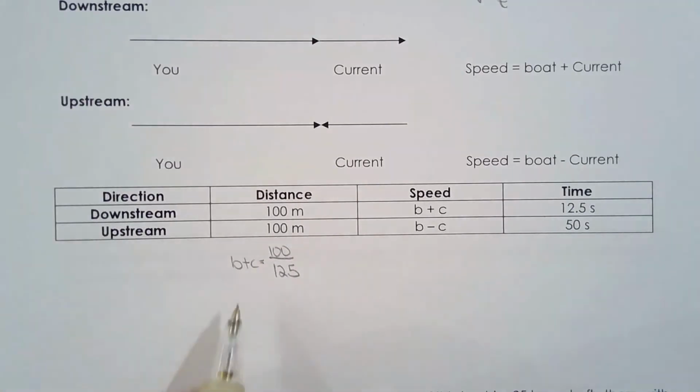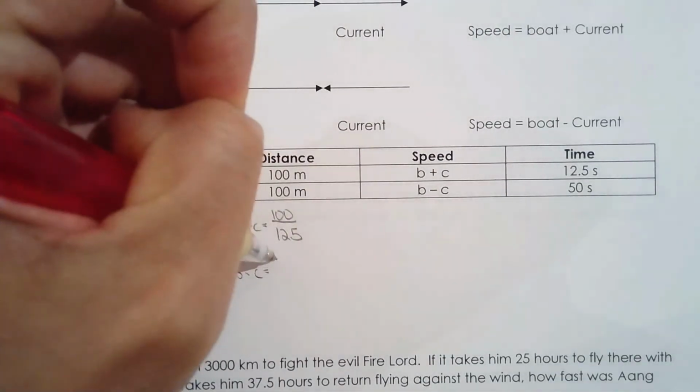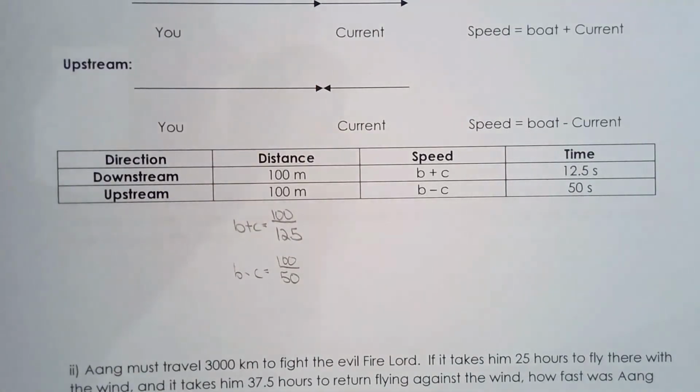The speed of the boat in still water or no current plus the speed of the current is 100 over 12.5, and then the other speed would be the same distance, but whoa, it takes 50 seconds instead.